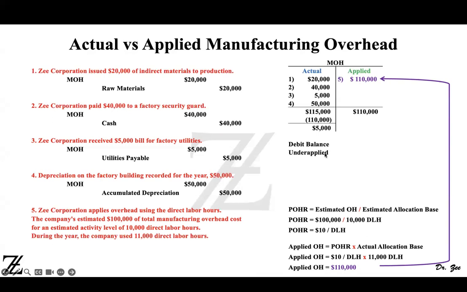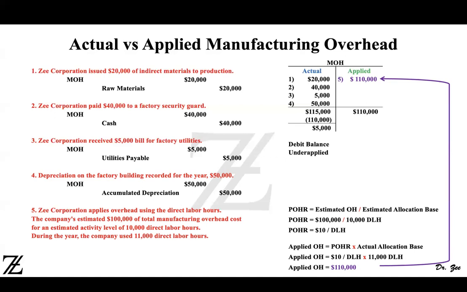Okay, so what do we do when this happens? When you have over applied or under applied overhead, your cost is not accurate. Remember that cost includes three things: direct material, direct labor, and manufacturing overhead. If your manufacturing overhead is under applied, that means it's understated. If it's understated, your cost of goods sold is understated. If your cost of goods sold is understated, your operating income is inflated or overstated, right?